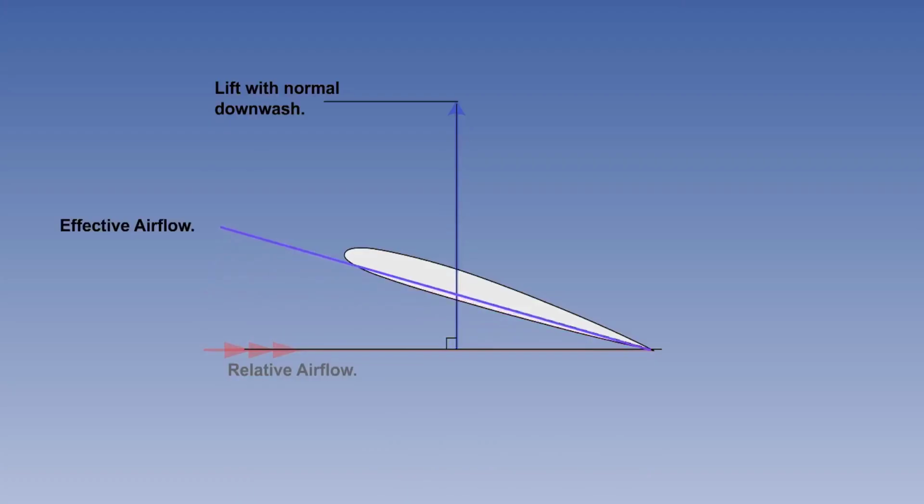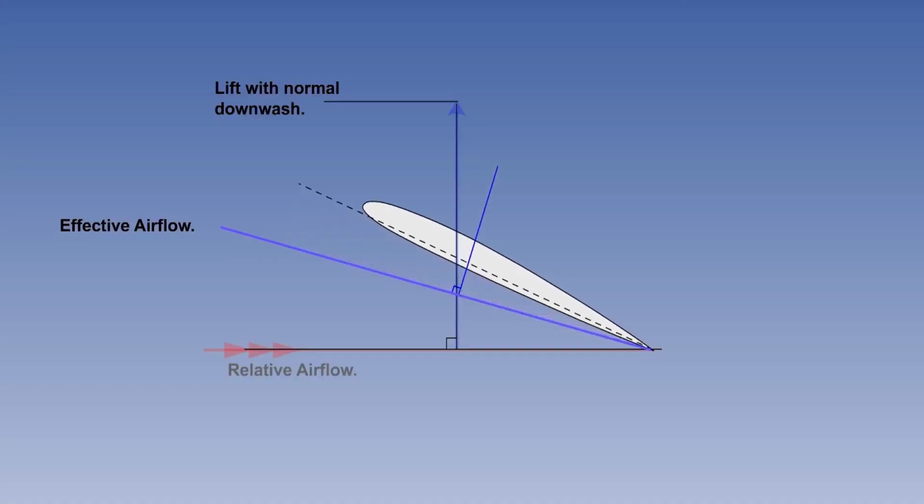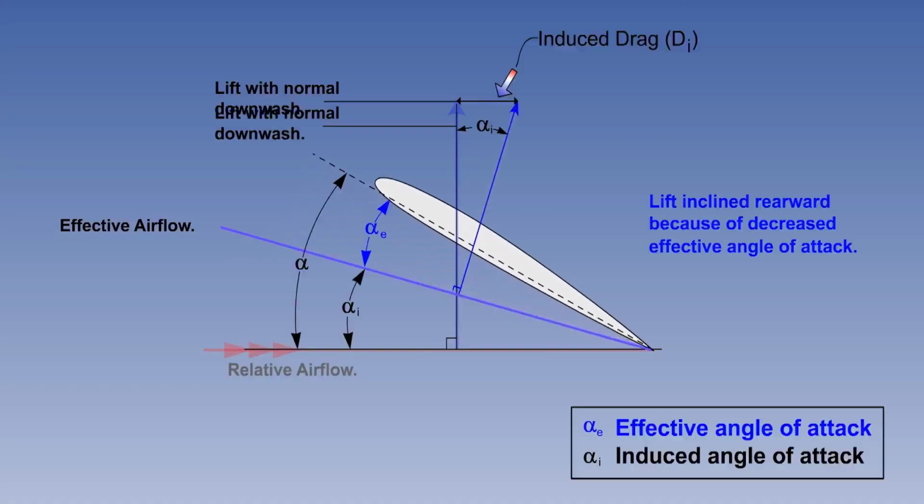And paradoxically, it is the production of the lift itself that reduces the magnitude of the lift being produced. To replace the lift lost by the increased upwash and downwash, the wing must be flown at a higher angle of attack than would otherwise be necessary. The rearward tilt of the lift vector caused by this extra angle is induced drag.